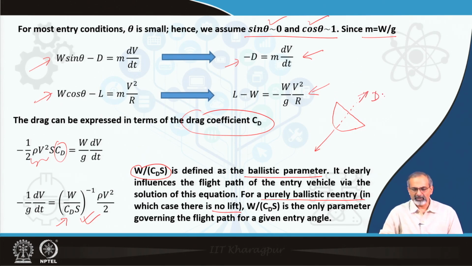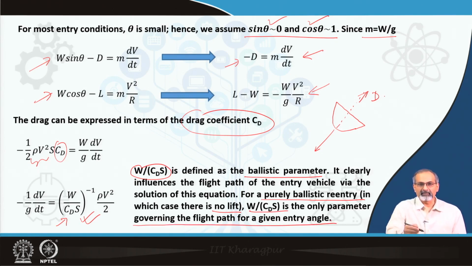It is a non-lifting body until and unless you pitch the body to a certain orientation where it becomes a lifting body. So, W by C d s is the only parameter which will govern the flight path for a given entry angle, the entry angle being the angle theta here.